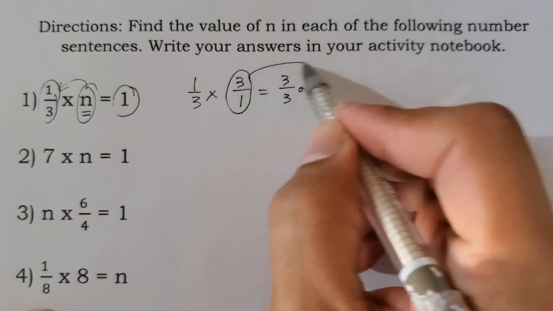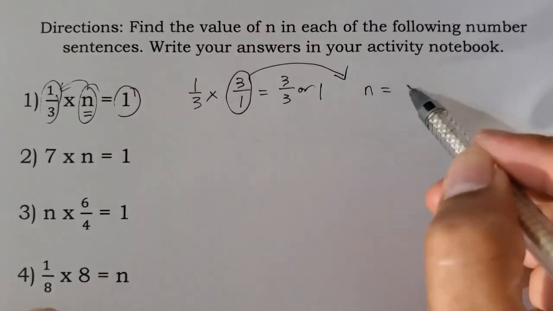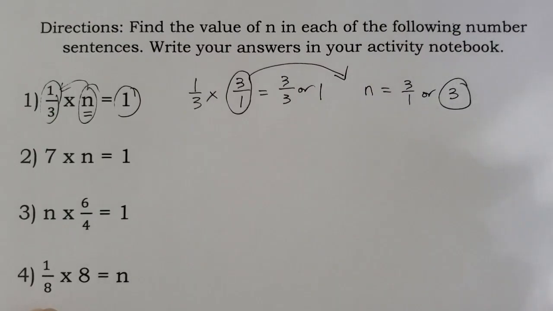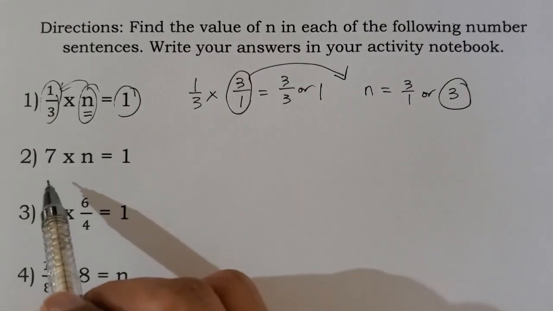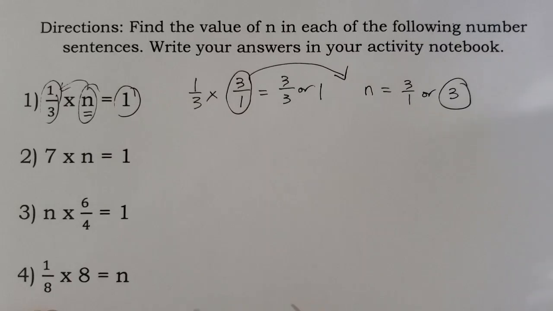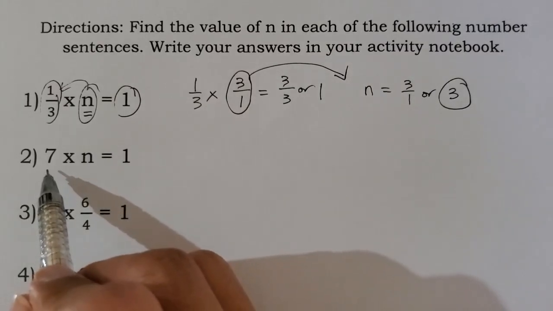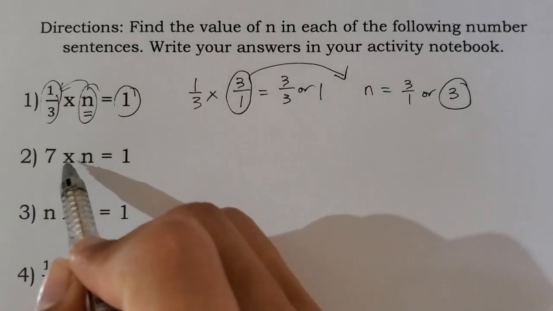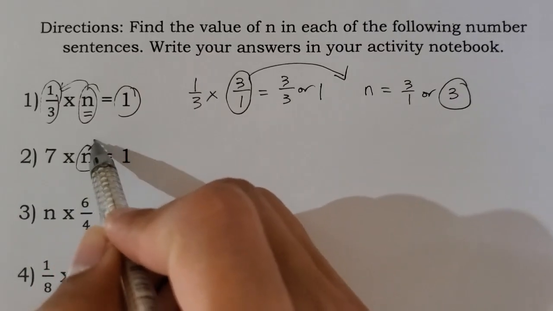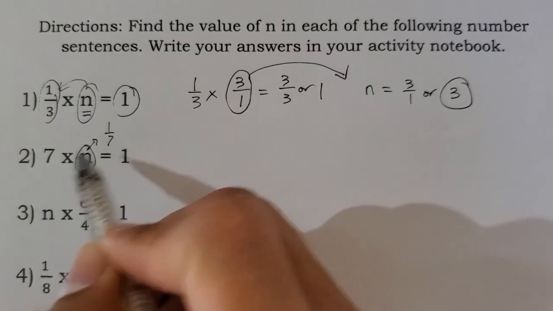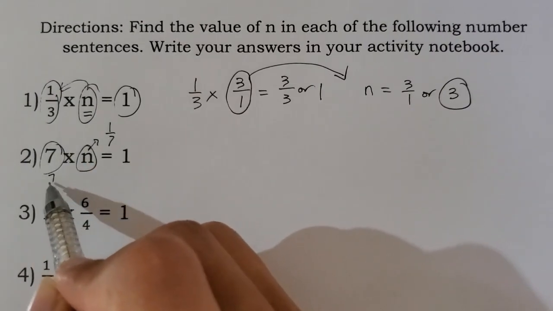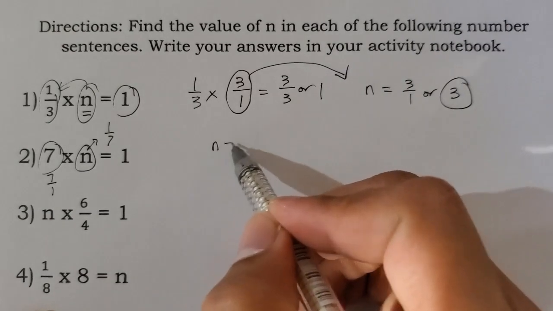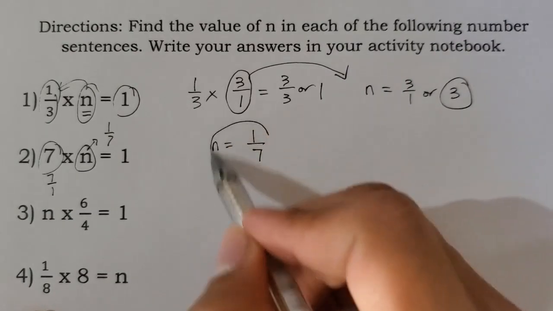Therefore, the value of n is equal to 3/1 or 3. Okay, let's proceed to item number 2. For item number 2, the reciprocal or the multiplicative inverse of 7 is here. The value of n is 1/7 because 7 here is also equal to 7/1 and the reciprocal is 1/7. So n is equal to 1/7.